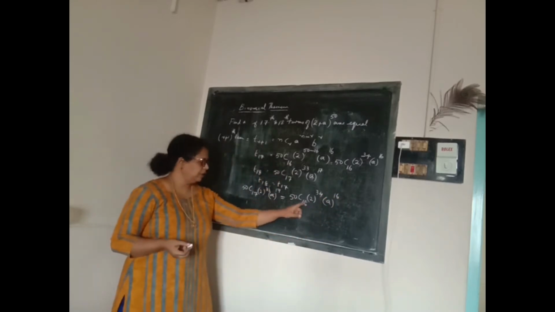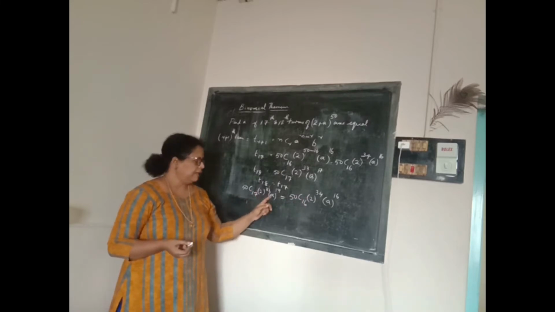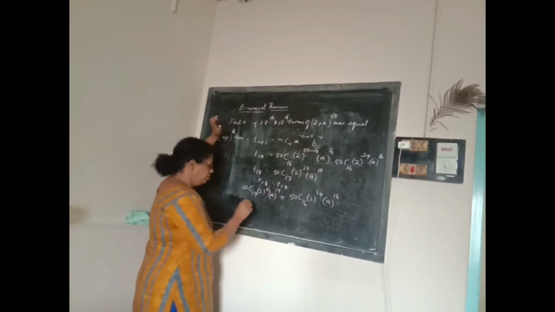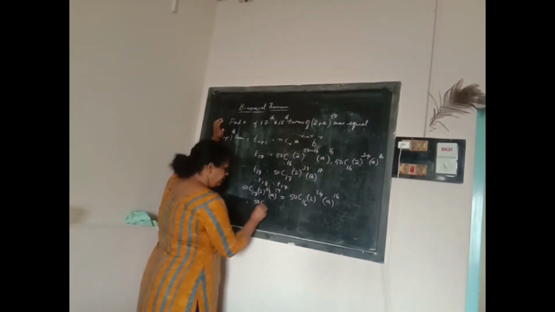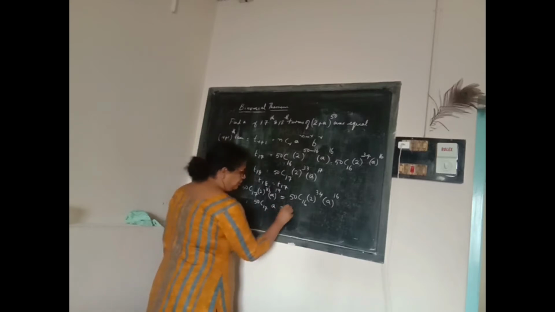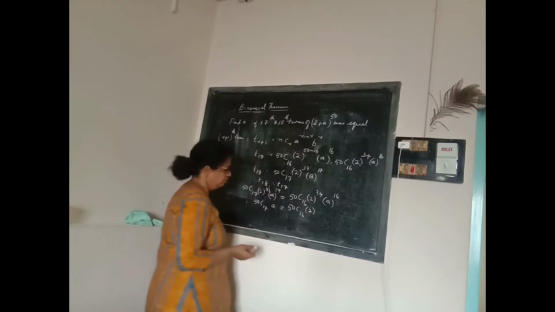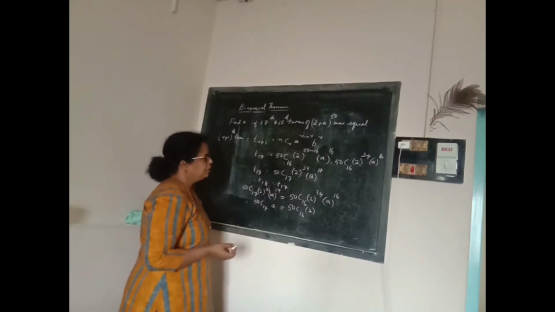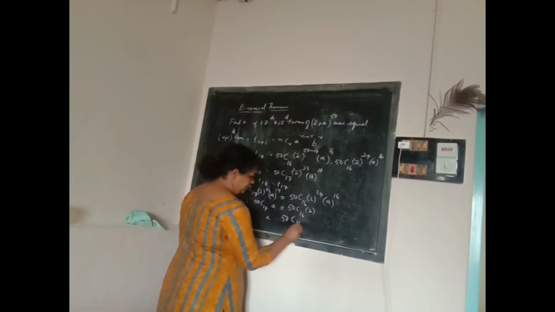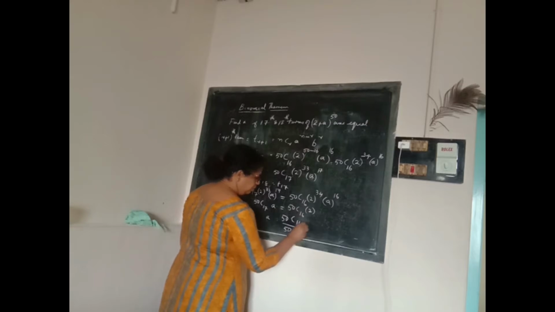Here 2 raised to 33 is common, and a raised to 16 is common, so we cancel them. We get 50C17 times a equals 50C16 times 2. We are asked to find a, so a equals 50C16 times 2 divided by 50C17.